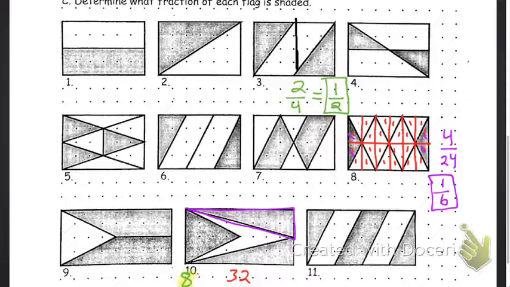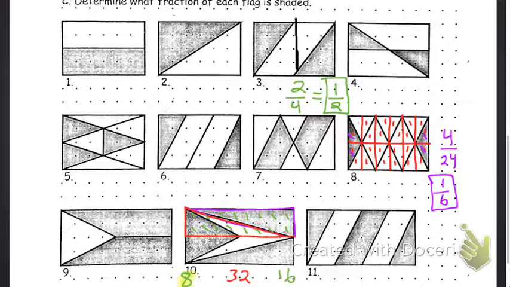But if you just take this triangle down here and imagine it being moved so that it's up here with the purple triangle to form a rectangle, then it's easy to count both of the triangles at the same time. So let's see how many. It would just be 1, 2, 3, 4, 5, 6, 7, 8, 9, 10, 11, 12, 13, 14, 15, 16.